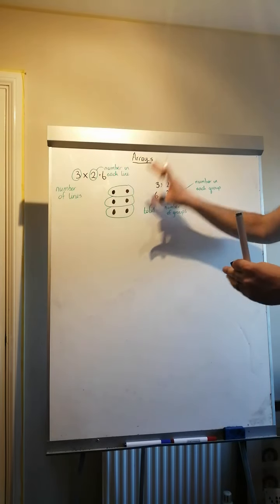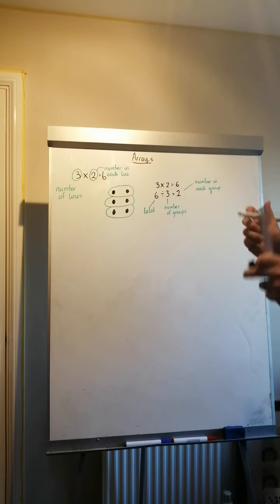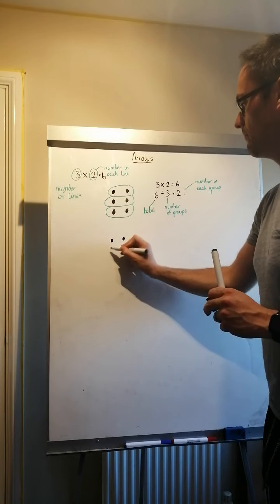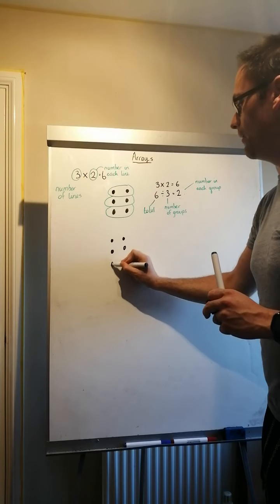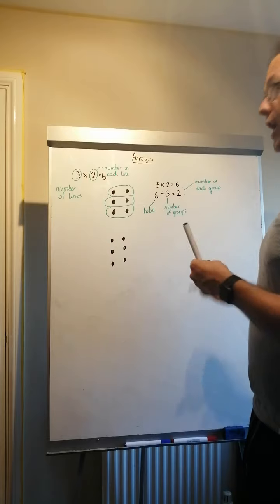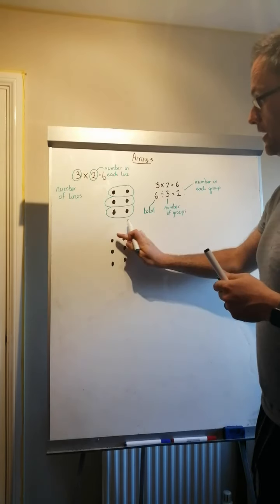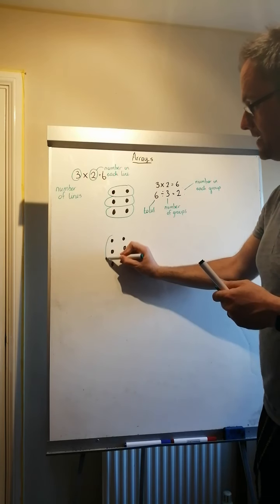We can show that from just one array. But there's more. Let me draw the same array again. Now, as you well know, a line doesn't have to go across. A line can go down. So here we have a line and here we have a line. So we're going to make that into our group.